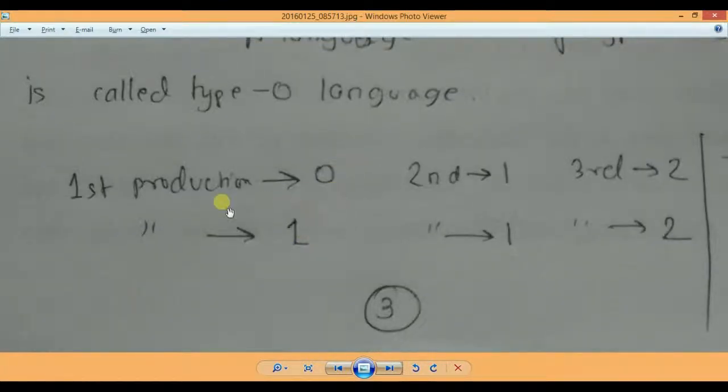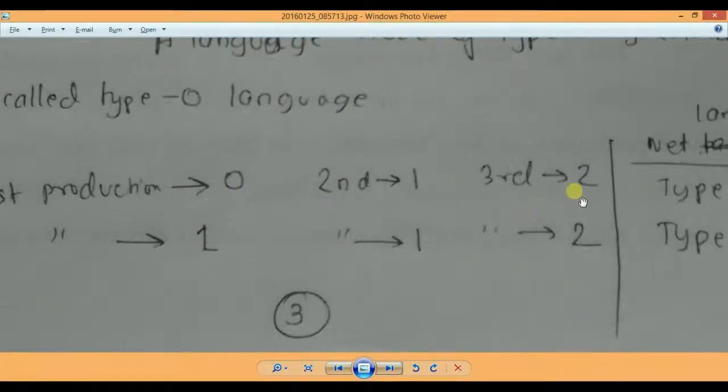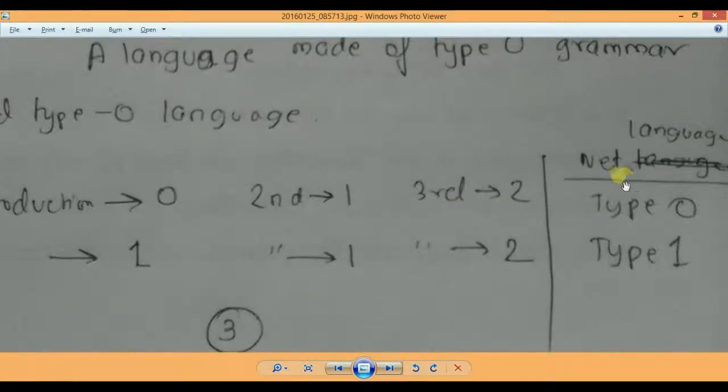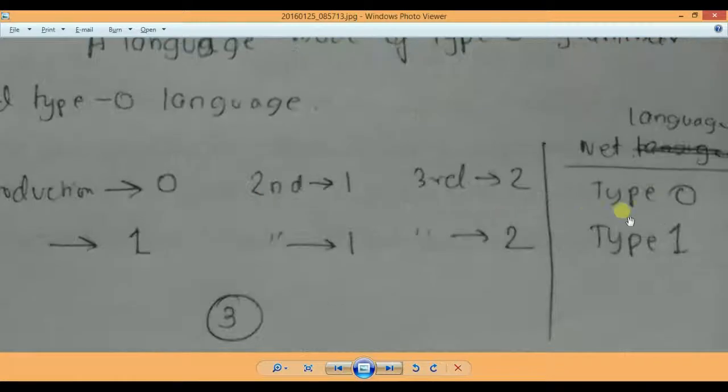For example, suppose the first production is of type 0, the second is of type 1, and third is of type 2. Then the net language is of type 0. That's because type 2 is also type 1 and type 1 is type 0. So the bigger one, the one which encompasses all the others, is type 0. So the language is type 0 language.